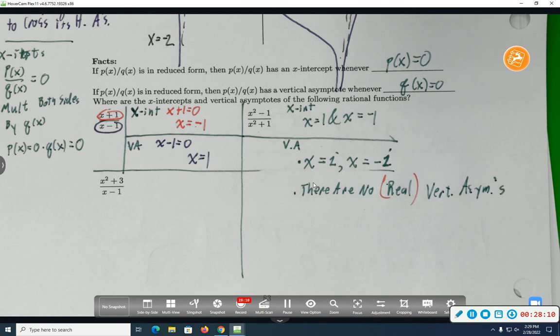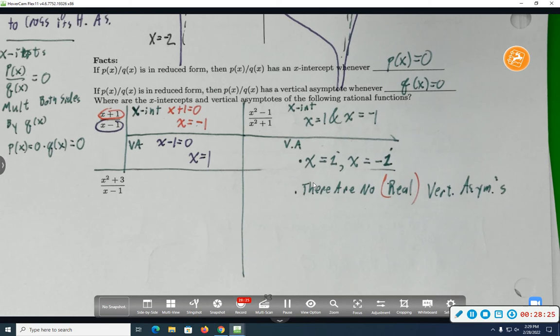All right, so close to x equals i, the values on the graph do get arbitrarily big. But instead of getting close to a line, they're really getting close to a complex plane walk of numbers. Because you have too many dimensions to walk in. Does that make sense? Excellent. Next problem. So tell me, where are this thing's x-intercepts and vertical asymptotes?